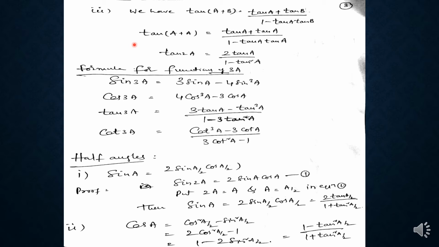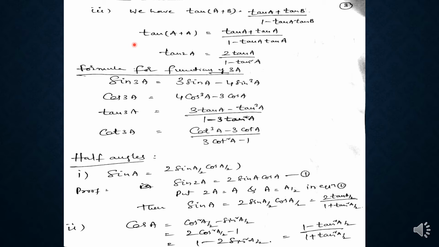That is in the form of sin of A plus B. Sin of A plus B is sin A into cos B plus cos A into sin B. By using that we get sin A into cos 2A plus cos A into sin 2A.